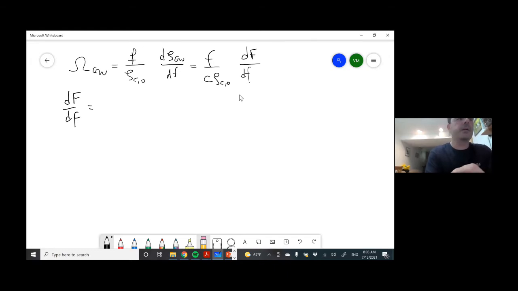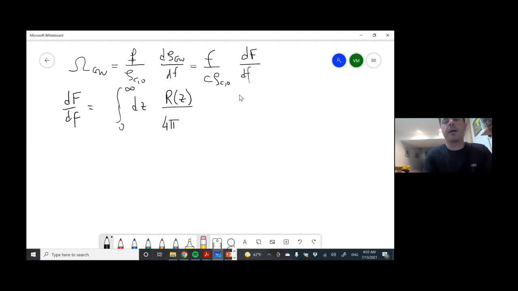we argued yesterday could be written as an integral over redshifts. So the integral from 0 to infinity in principle over redshift. And there are several terms that show up there. We had the rate of sources, whatever those sources may be, so things like binary black holes.